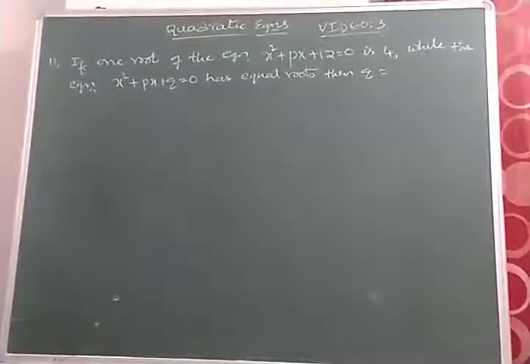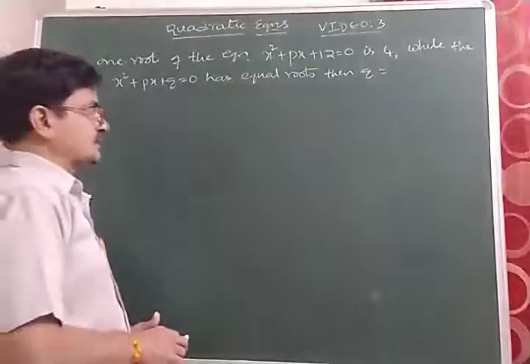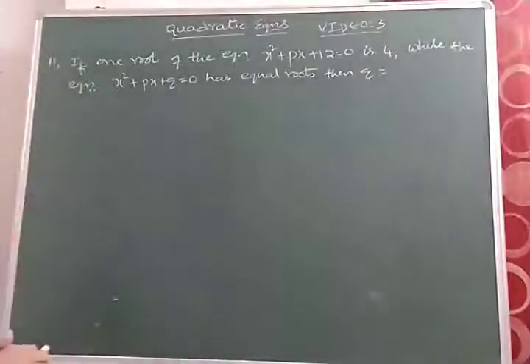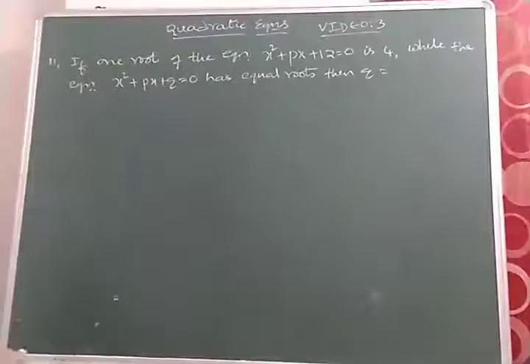Question number 11. If one root of the equation x square plus px plus 12 is equal to 0 is 4, while the equation x square plus px plus q is equal to 0 has equal roots, then what is the value of q?